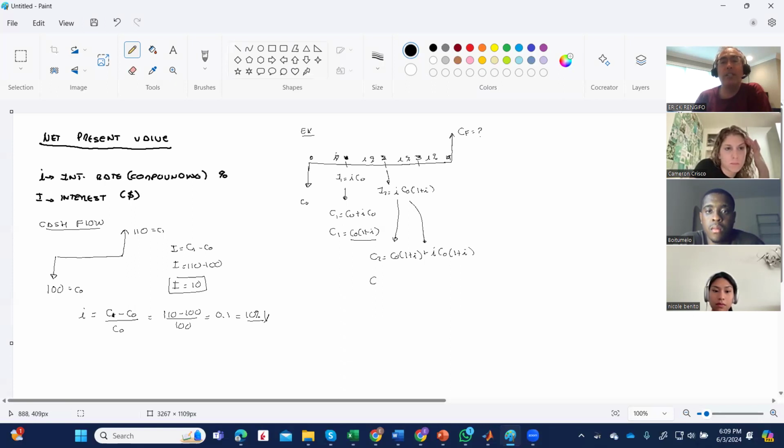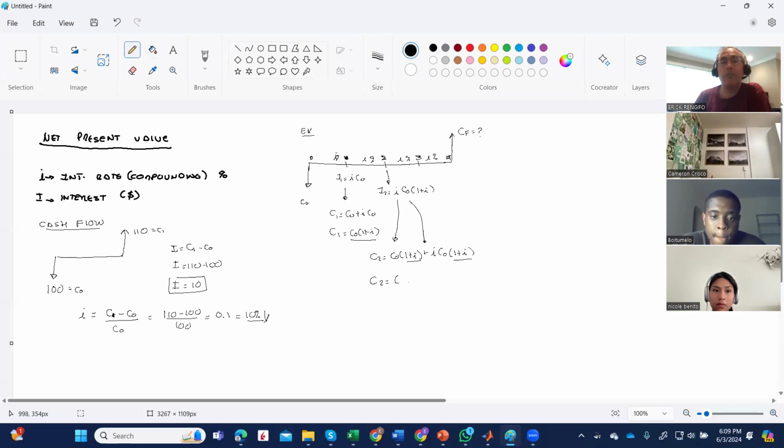So at the end of the day, guys, C2 equals C0 times (1 plus I), sorry, let me delete this part here. Common factor here is going to be 1 plus I. Correct?